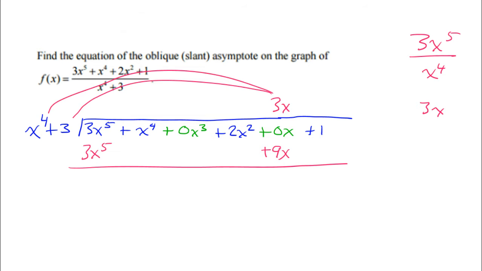Alright, we will subtract by changing the signs. So I'm going to make this a minus, and I'm going to make this a negative 9x as well. So these cancel out completely, and now I will bring down this x to the 4th power, plus 0x to the 3rd power, plus 2x squared plus 9x plus 1.